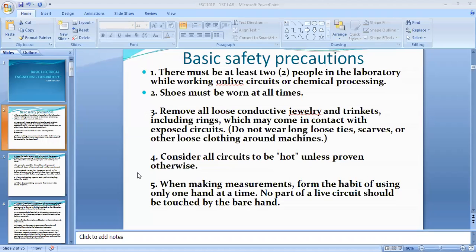Because if you design a wrong circuit and turn on the supply, your motor or generator may get damaged. If more current is supplied in the initial time in a motor, the winding of the motor, maybe the rotor winding or the stator winding, may get damaged.